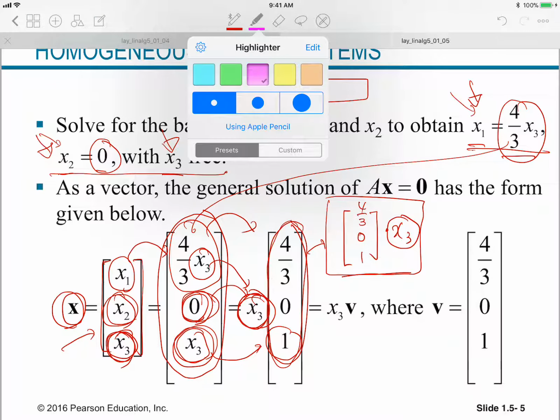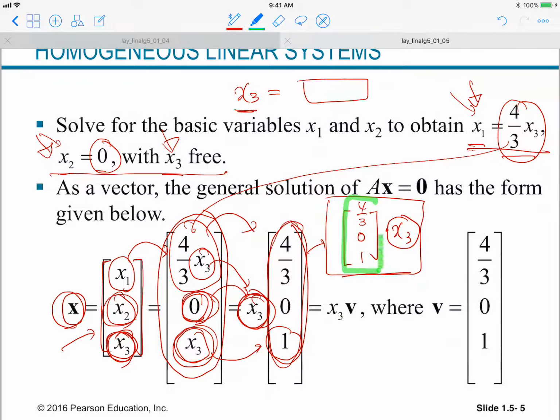That means it is a scalar multiple of a particular vector, and that vector has a particular direction, right? What was the direction? The direction was 4/3, 0, 1. So that will be our direction, okay? And then we can freely choose this value, that means we can stretch or shrink the length of this vector along the same direction, right?